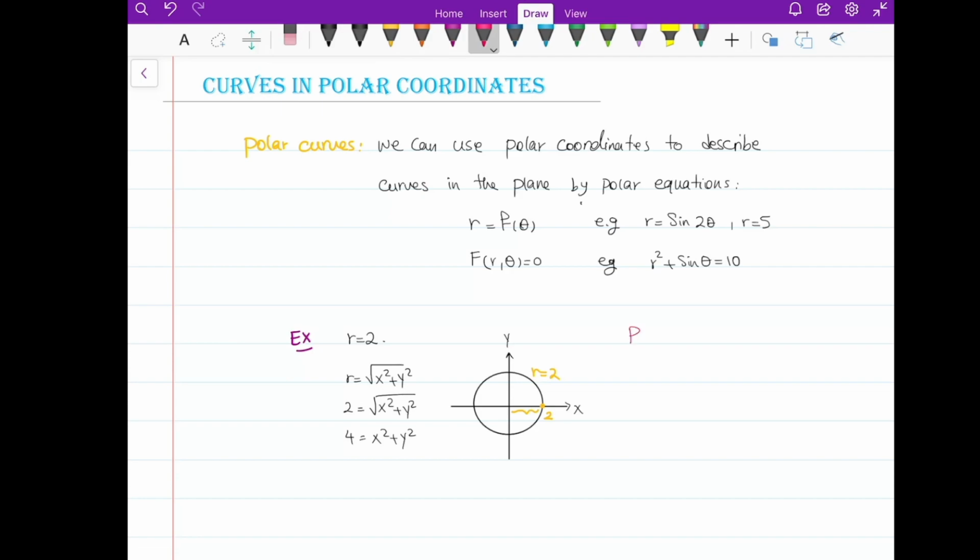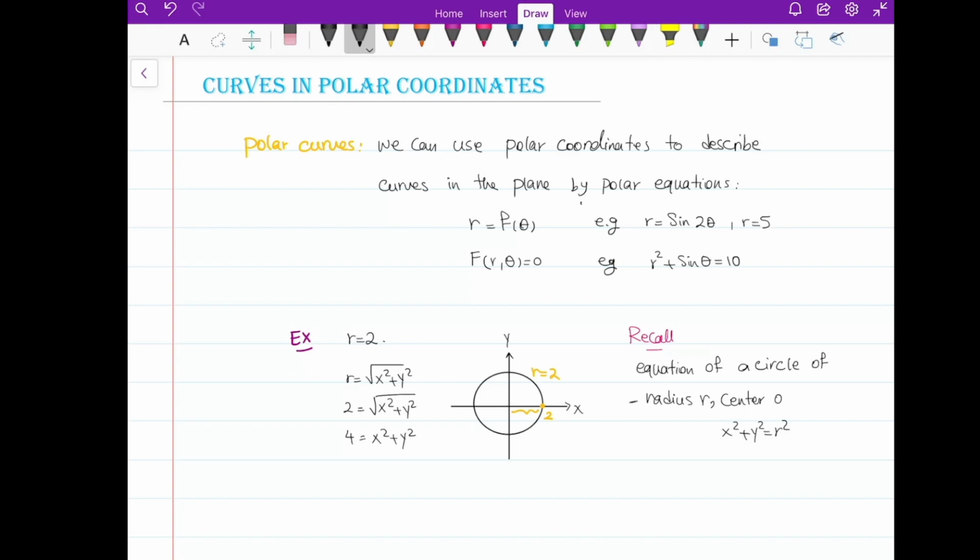Basically, let me give you a recall before we go on. The equation of a circle of radius r, if the center is 0, would be x squared plus y squared equals r squared.